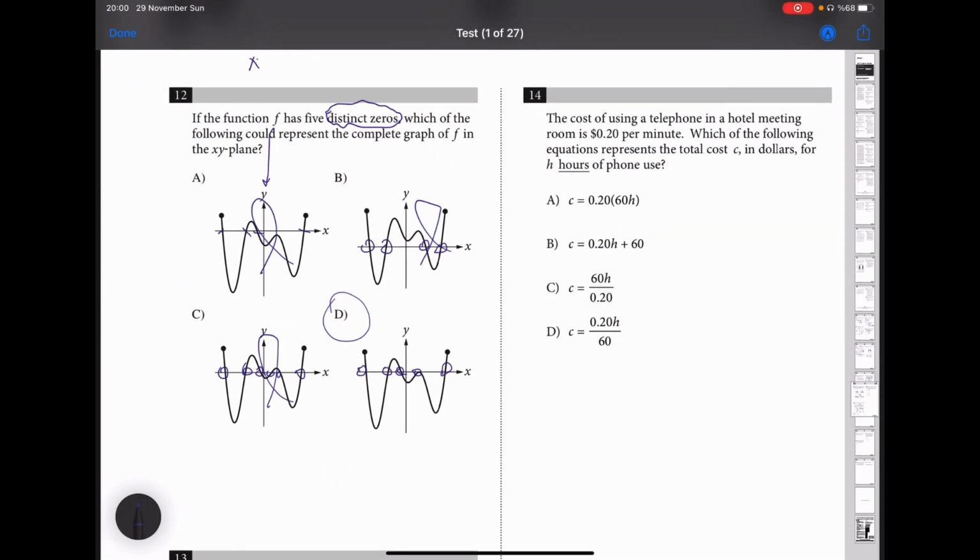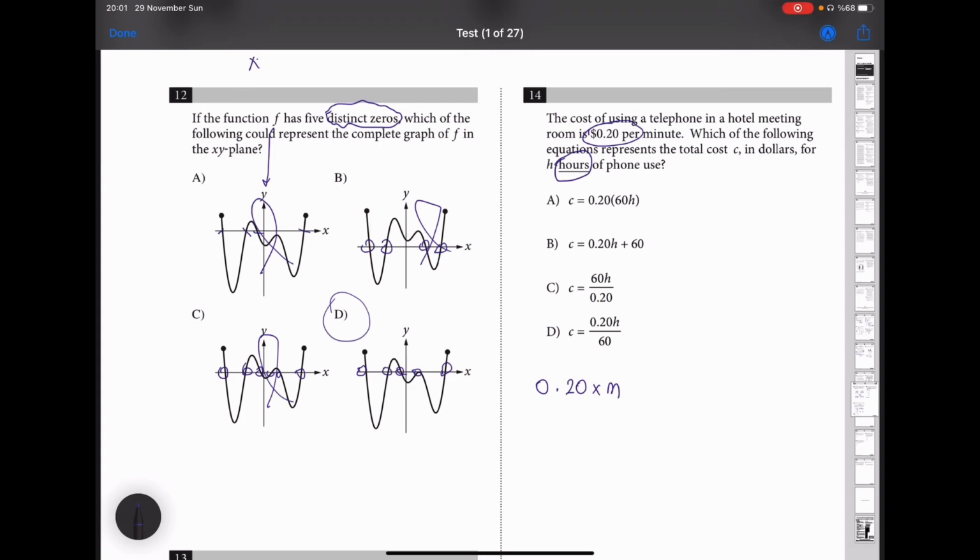Question number 14. The cost of using a telephone in a hotel meeting room is 0.20 per minute. Which of the following equations represents the total cost C in dollars for 8 hours of phone use? Let's initially find the total cost in terms of minutes, since the cost is given in terms of minutes. It would be 20 cents times minutes, right?